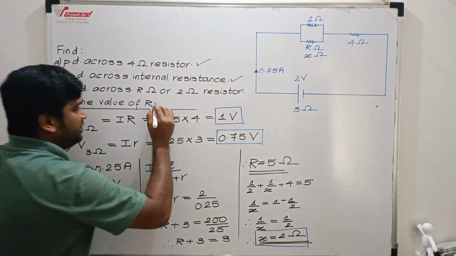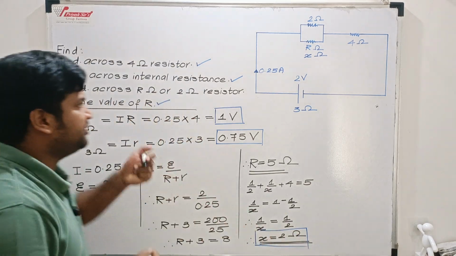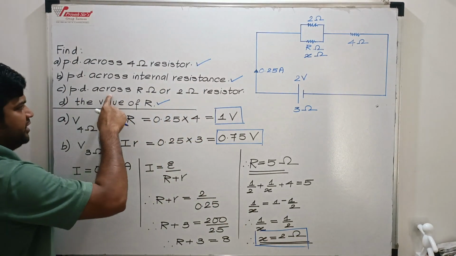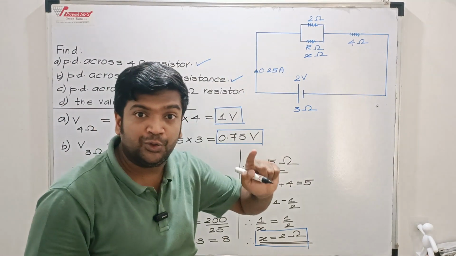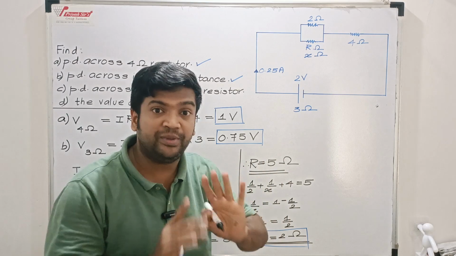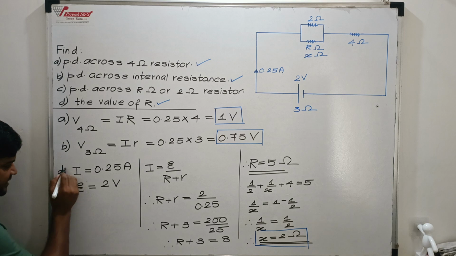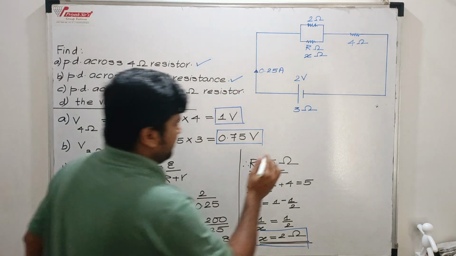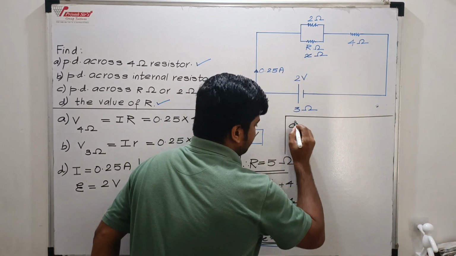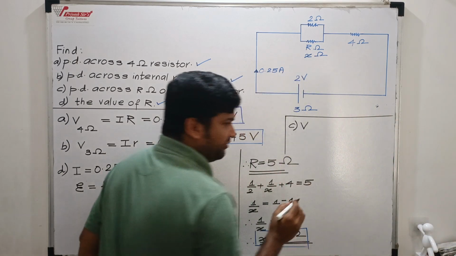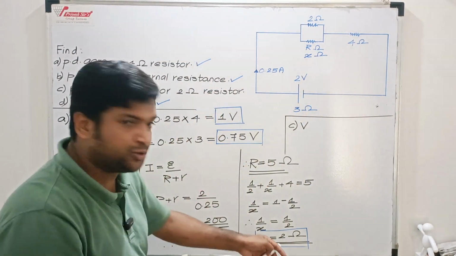Okay, so I found the fourth one, and now it is so easy to calculate the third one. They want us to find the potential difference across R or 2 ohm. As you know, they are in parallel, so potential difference would be the same. Okay, so I can just mention this as D, the fourth one, and now here I'll start with the third one. C. They want us to find potential difference across 2 ohm or R. Now R is also 2 for me.